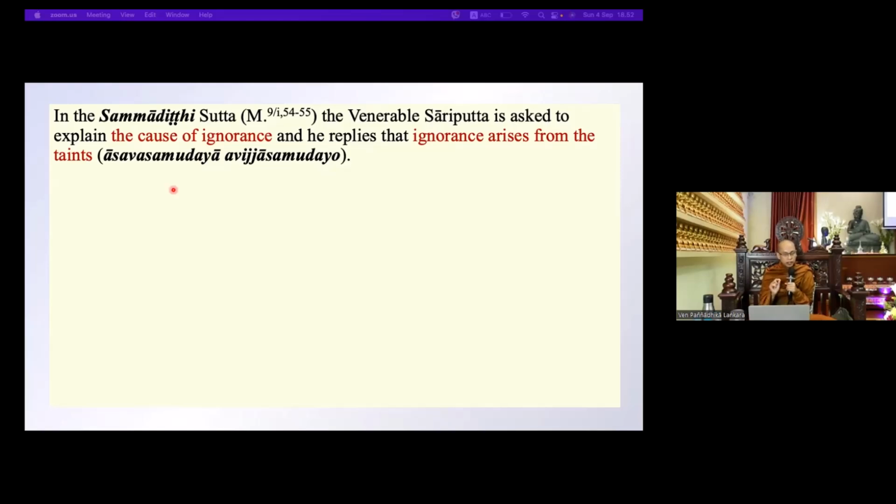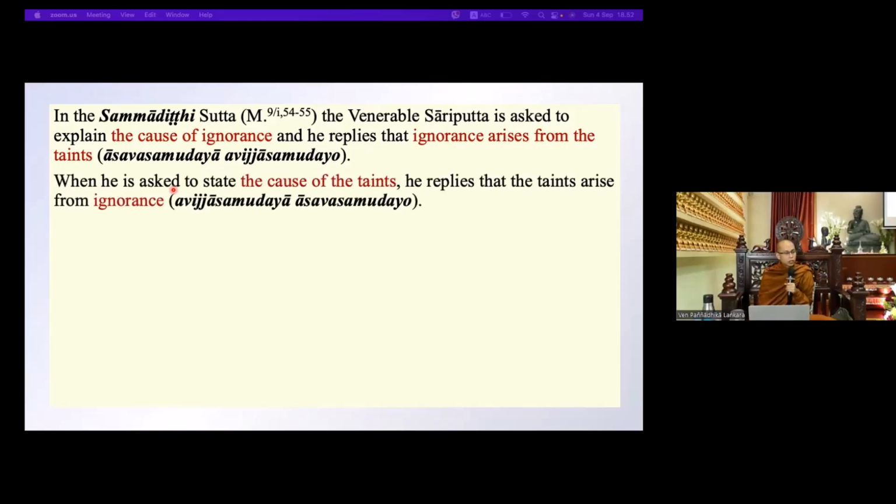When the asava arises there, the former asava can become the cause of the later avijja, ignorance.